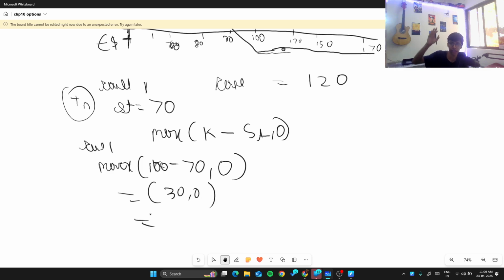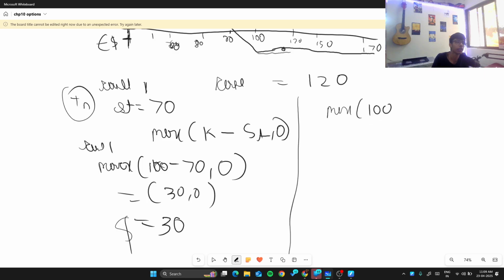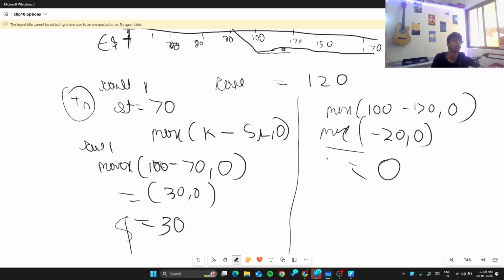If the market goes down to 70, we will earn $30. In case 2, the market goes up to 120, so it is the maximum of 100 minus 120 and 0, which is minus 20 and 0, so the payoff is 0 because it is a maximum. So that is the simple concept of a put option.